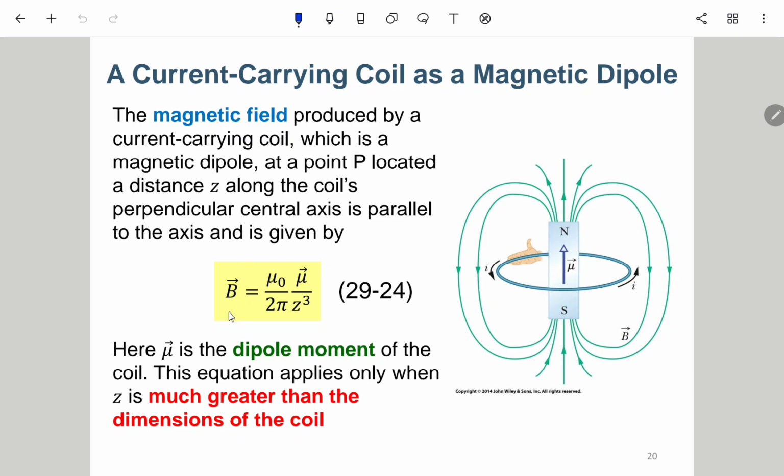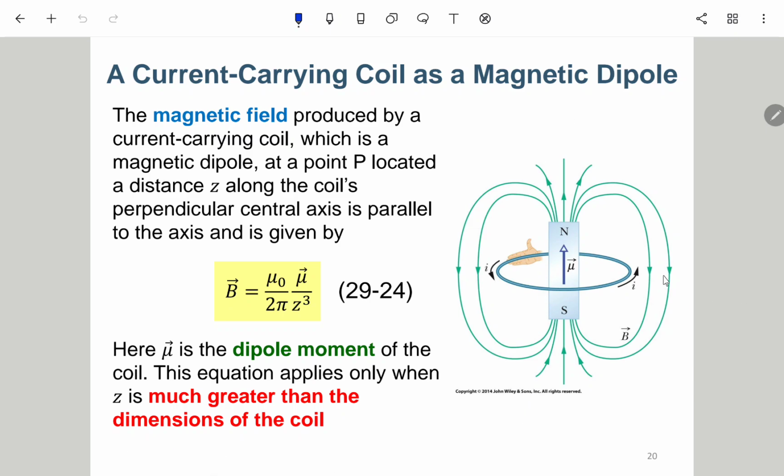So the B field generated by the magnetic dipole along the z-axis will be mu 0 over 2 pi times mu over z cube. The expression looks like this. Okay, mu is the dipole moment, and z is the z-axis component.